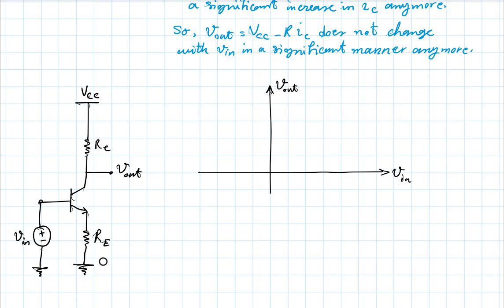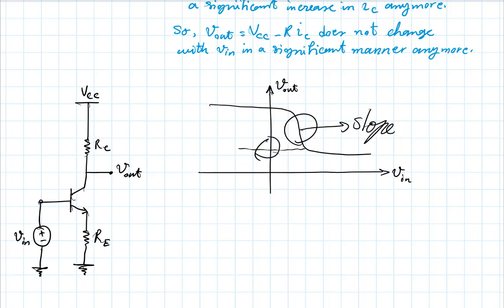So if you think there's going to be something kind of looking like this, again, similar to the previous example, go try to find out what this point is and what this slope is. Now, don't take it from me that it's going to look like this. Go think about it. So this is an example to work on at home, and we'll look at it in detail next time.